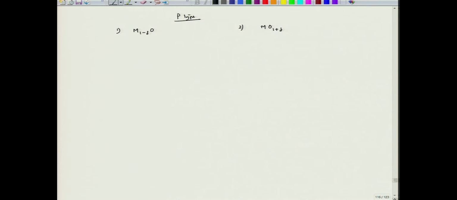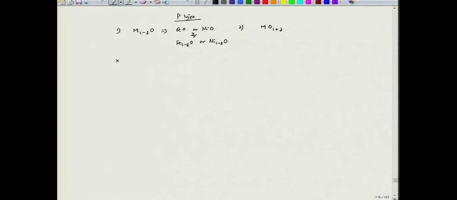Now, if I try to see their structure, the classic example of the first one is iron oxide or nickel oxide, which can be written as Fe1-δO or Ni1-δO. So, these are metal ion deficient oxides.